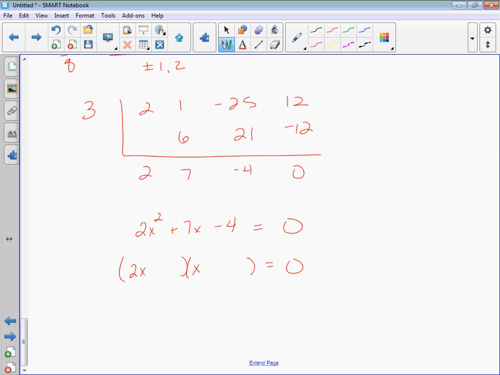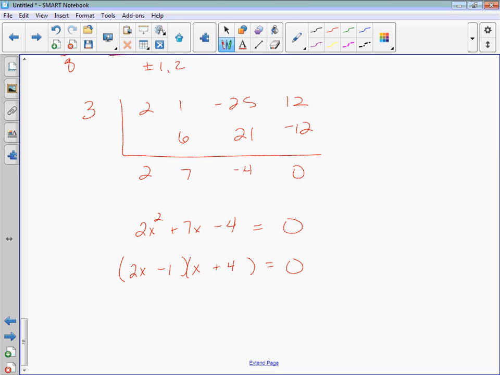Are there any numbers that multiply to give me negative 8 and add up to positive 7? Yes. So I know it's factorable, and then I guess and check. If they're really big numbers, then I do the whole writing it out with the grouping. This one seems like plus 4 minus 1, right?